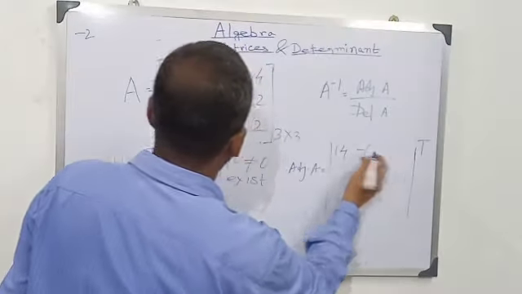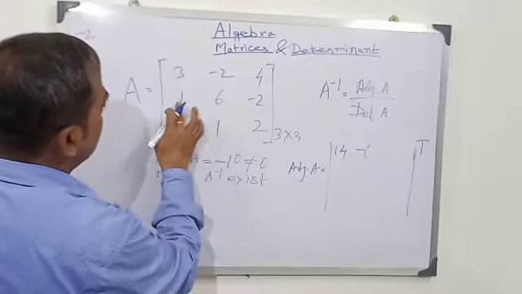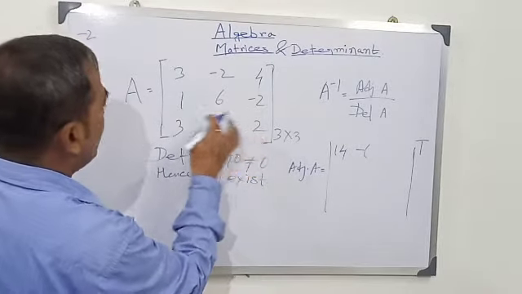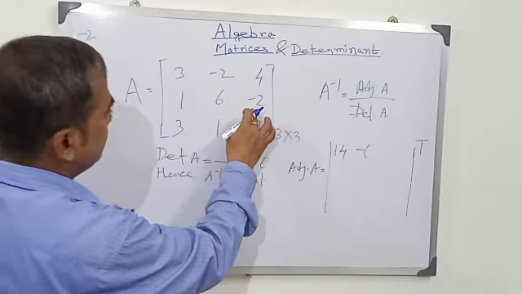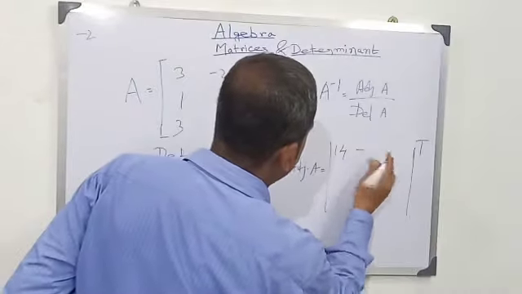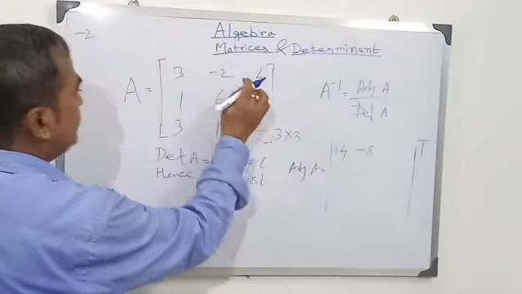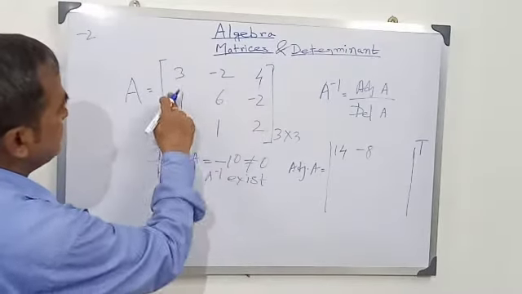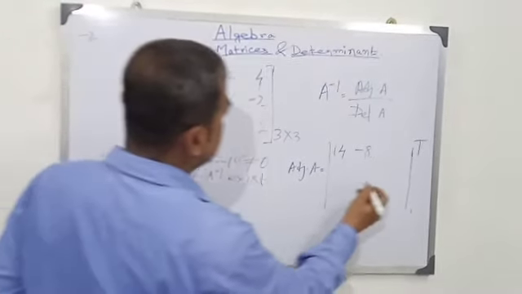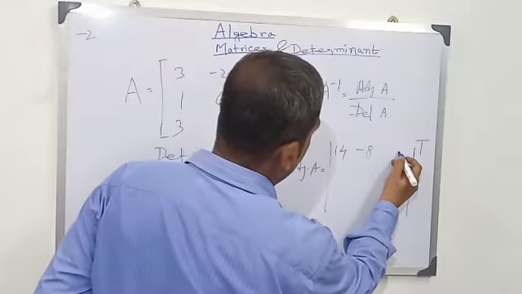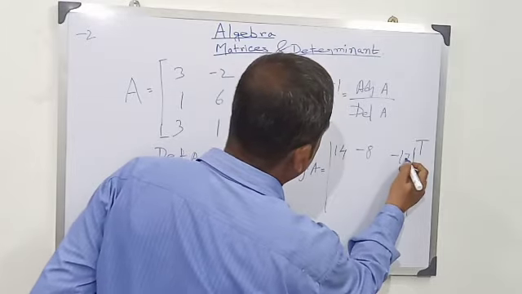Once more, 2 minus of minus 6, that is 2 plus 6, that is 8. It is becoming minus 8. Now for this element, cofactor is this 1 into 1, 1 minus 18, that is minus 17. But here plus sign, so minus 17 only.